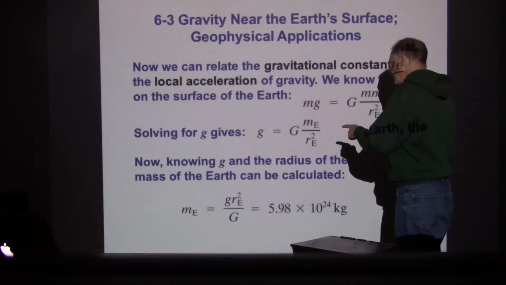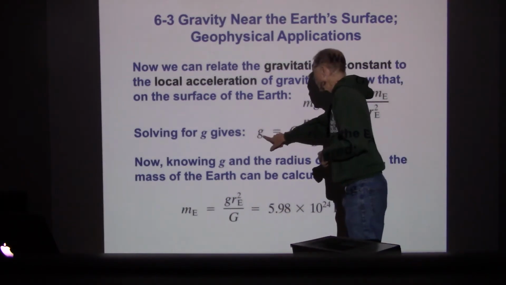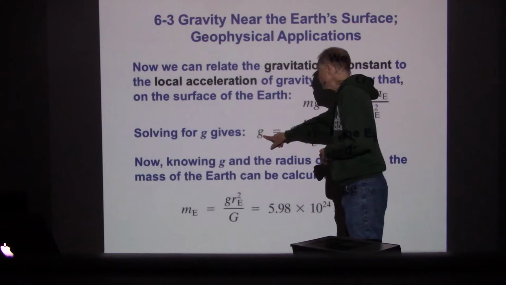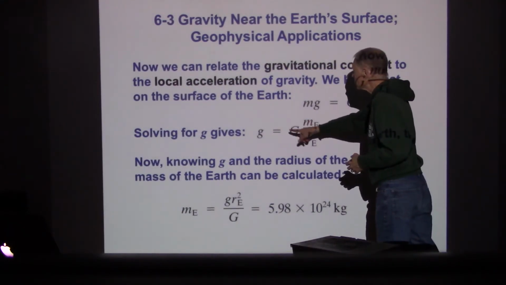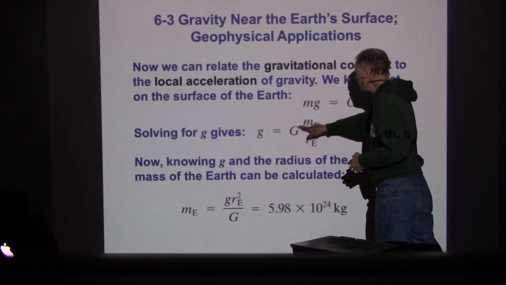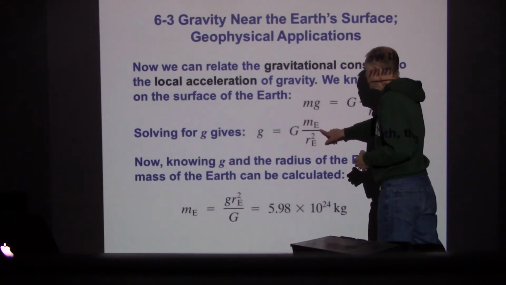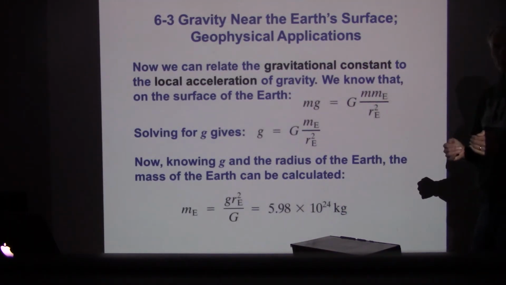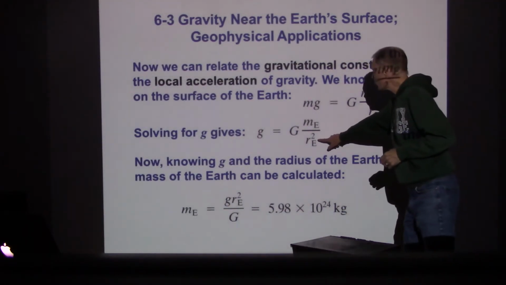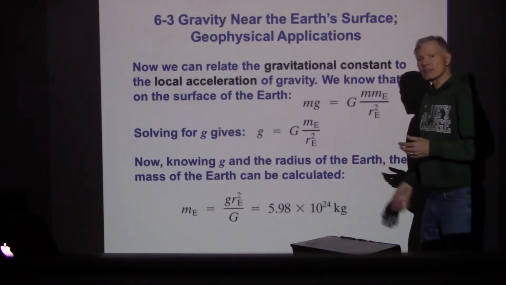So what we can do now is actually solve for Earth's gravitational field. Here's the formula. Earth's gravitational field is big G times the mass of the Earth divided by the distance measured from the center of the Earth. If I'm at the surface, that number would be the radius of the Earth.